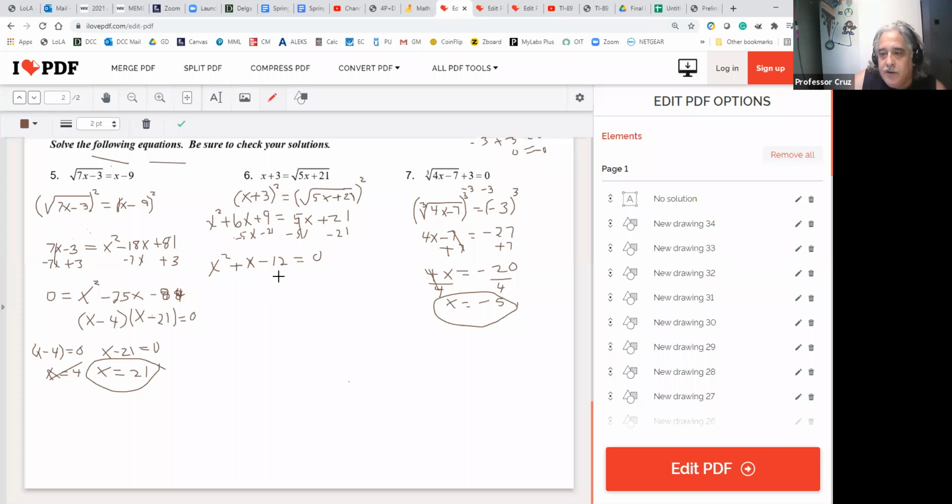All right, that's easy to factor because it's a 4 and 3, you have a difference of 1. All right, so do they check? Give a minute on that.